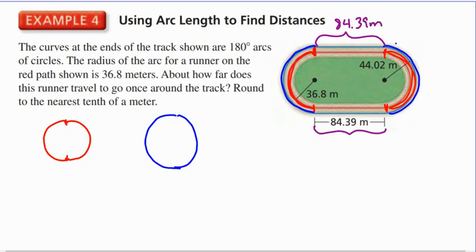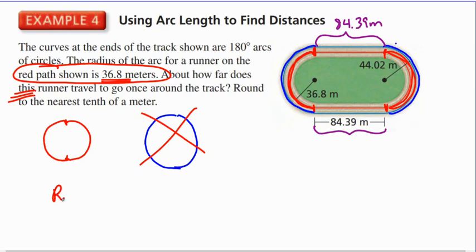okay? The directions say the radius of the arc for a runner on the red path shown is 36.8 meters. About how far does this runner travel to go once around the track? So we don't even care about the blue, okay? So for the red path, we have a full complete circle.